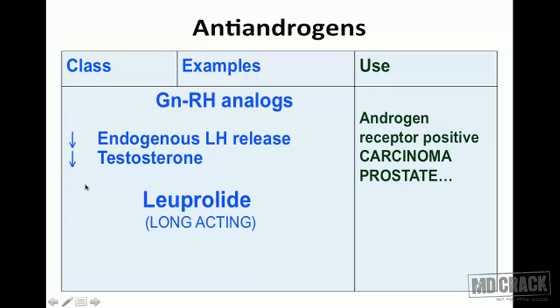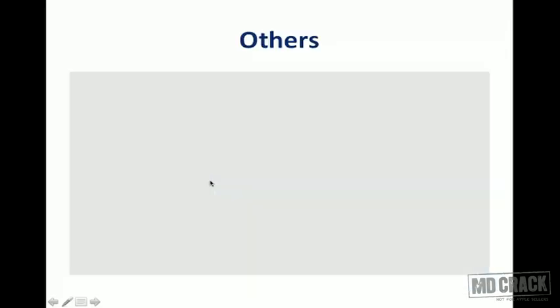So it is as good as decreasing the testosterone levels inside the body, but the mechanism of action is central. It is going to act in the center and bring down the LH release. This is going to bring down the testosterone secretion. Name of the drug is leuprolide, and it's a long-acting substance. So leuprolide is useful in the androgen receptor positive carcinoma prostate.